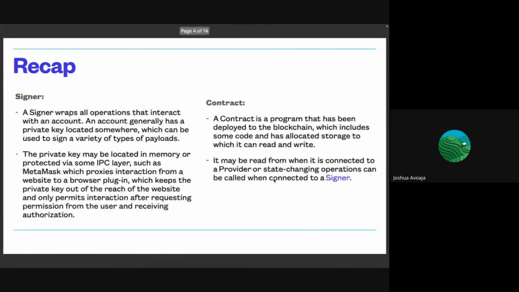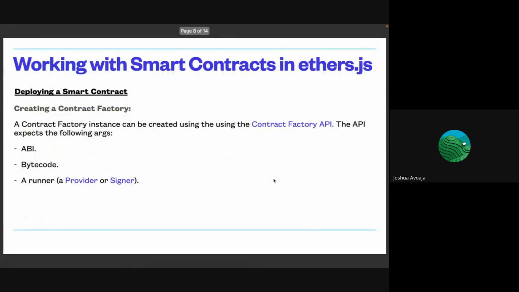All right. So to create a token factory, I said you need to provide the API, the bytecode, which I explained as a hash that basically represents the contract and the constructor arguments, then a runner, either a provider or a signer.